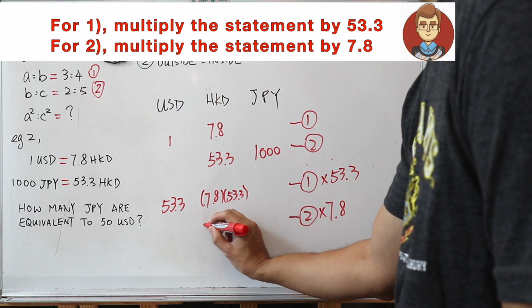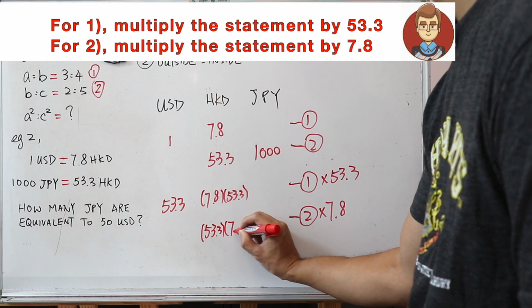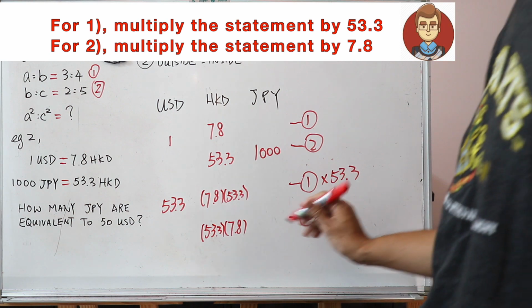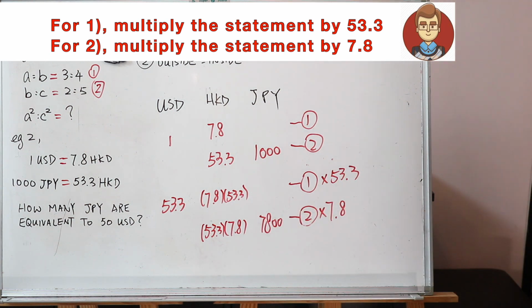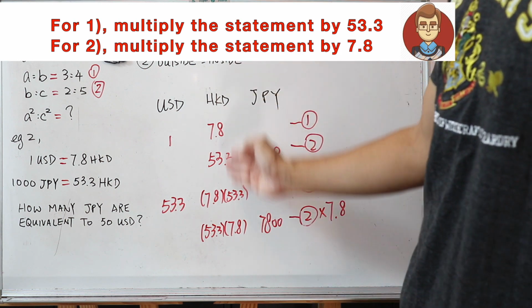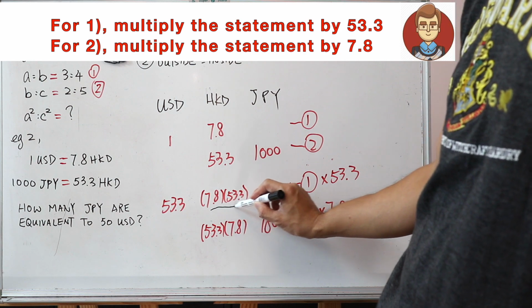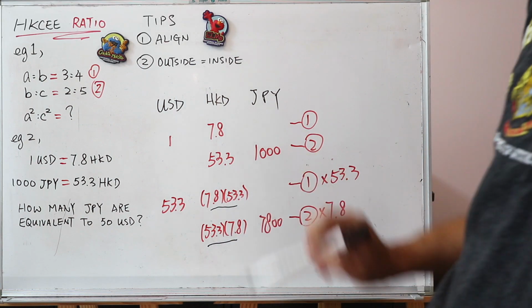So this becomes 53.3 times 7.8, and this becomes 1,000 times 7.8, which is 7,800. So now we can take a look at this column again, HKD. This value 7.8 times 53.3 is exactly the same as this, 53.3 times 7.8.